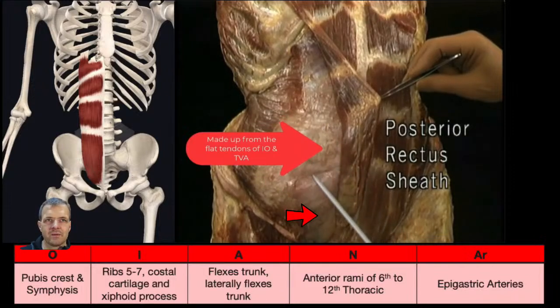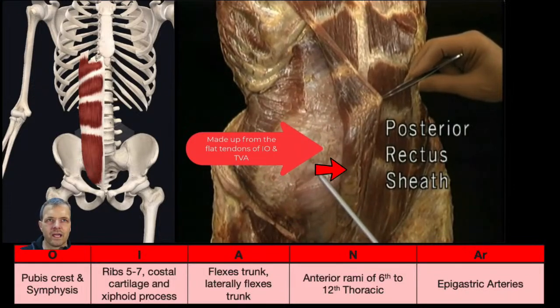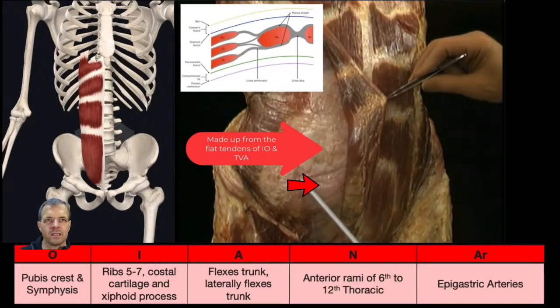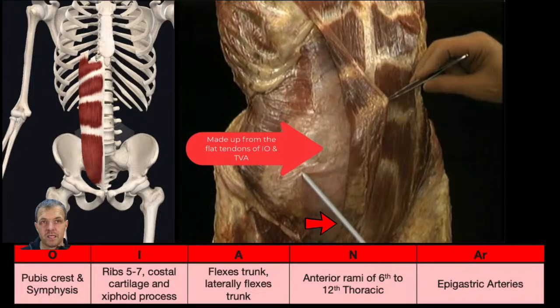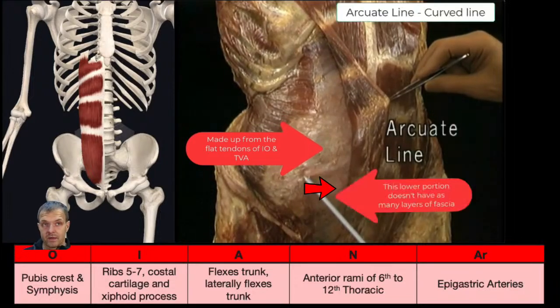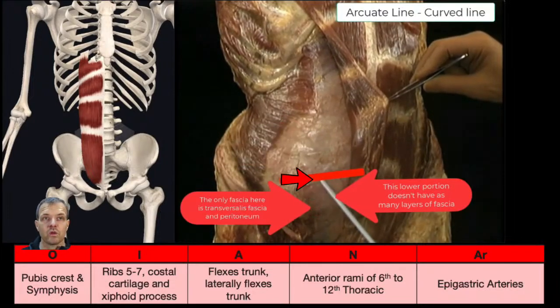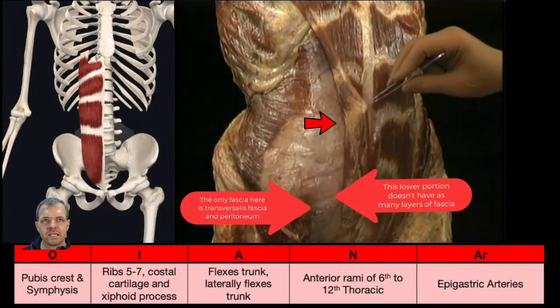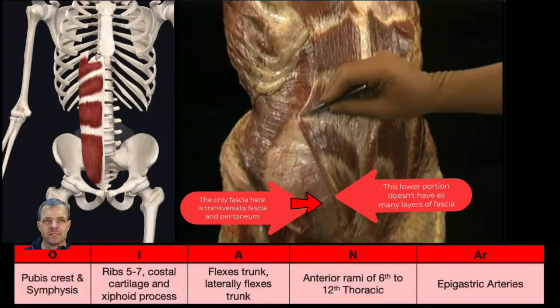And then you can see where it just starts to thin out around there. Okay, so the posterior sheath stops, right? And that area there will just be transversalis fascia and then the peritoneal wall. So you can see it's not as tough as this area here. It's a little bit more flimsy.